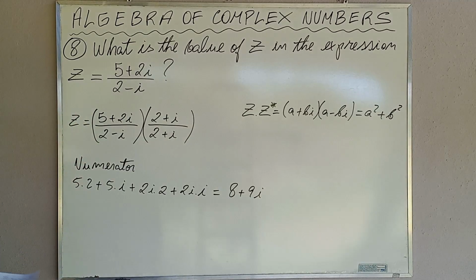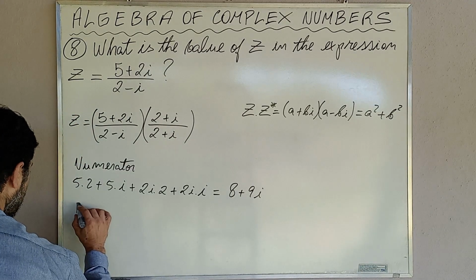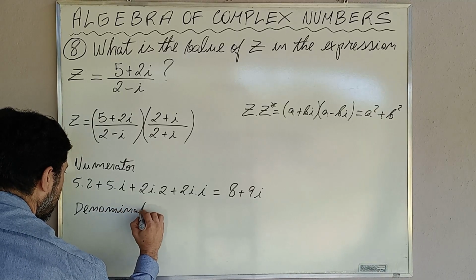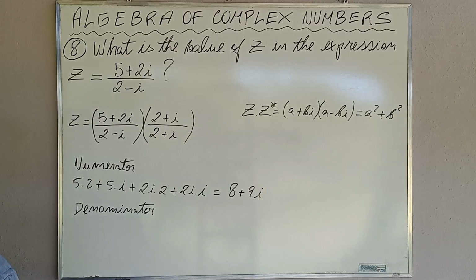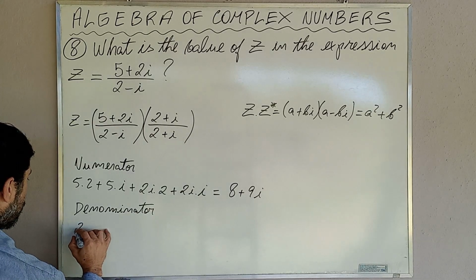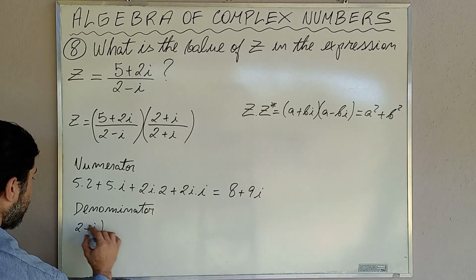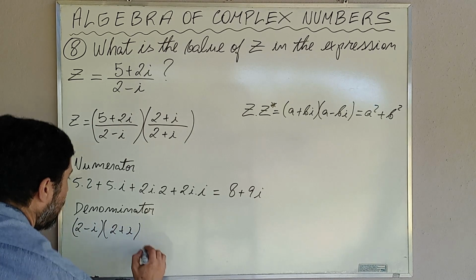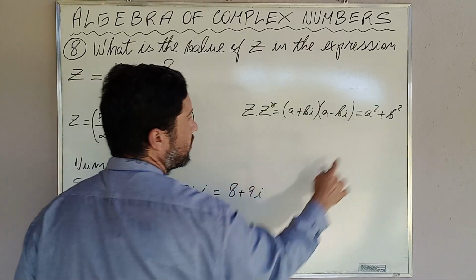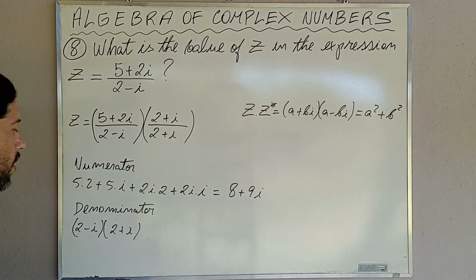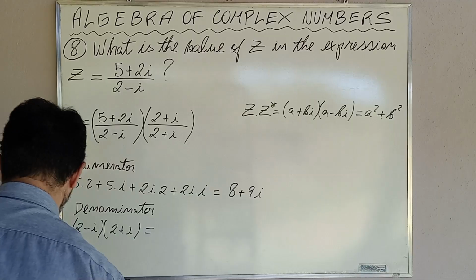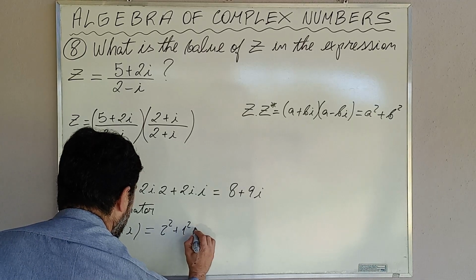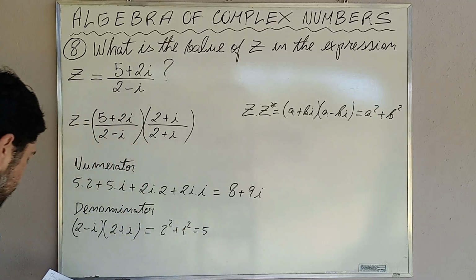Now the denominator. 2 minus i multiplying 2 plus i, we saw here that it results in a real number, and the real number is 2 squared plus 1 squared, which is equal to 5.